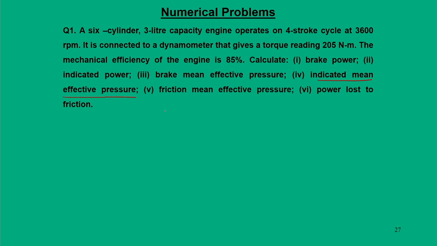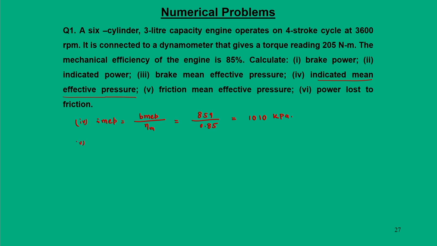This can be calculated from the brake mean effective pressure: IMEP is equal to BMEP divided by mechanical efficiency. So, it is 859 divided by 0.85, which is about 1010 kilopascal.